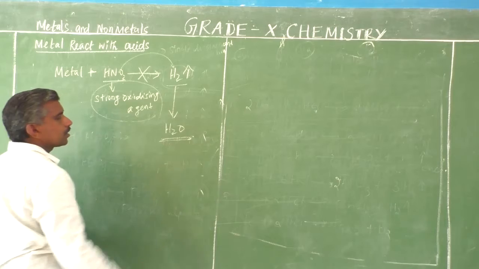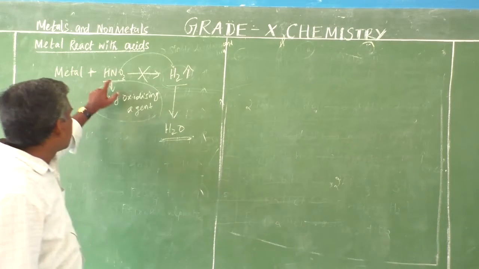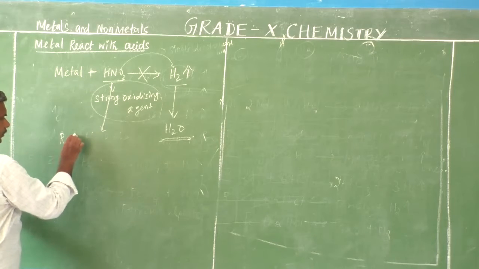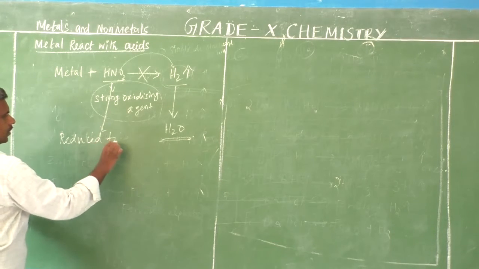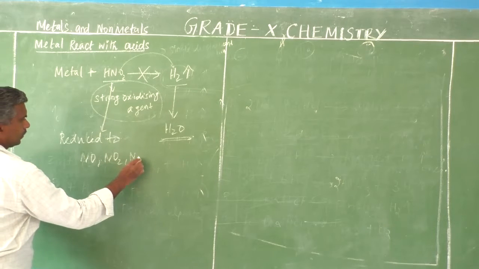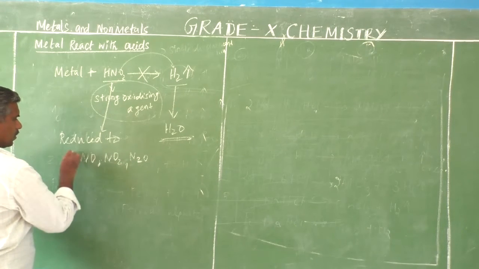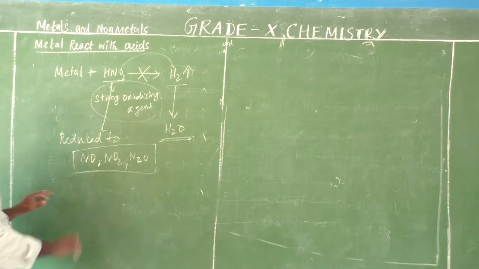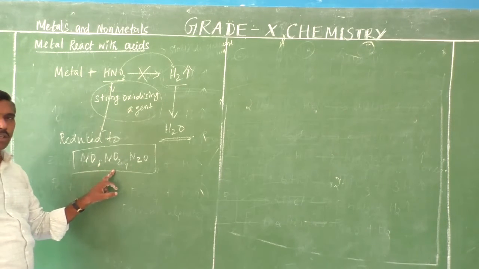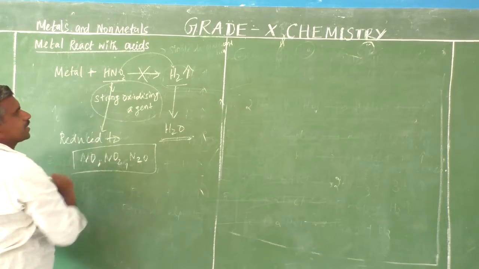Nitric acid itself is reduced to nitrogen oxides: nitric oxide, NO, nitrogen dioxide, NO2, or nitrous oxide, N2O. So it is a strong oxidizing agent.